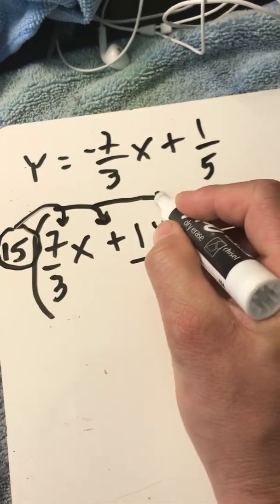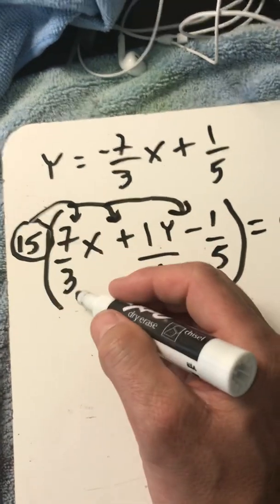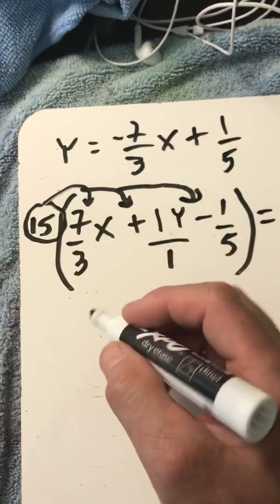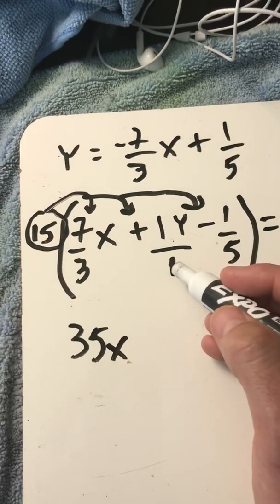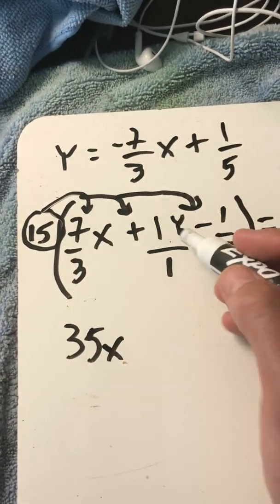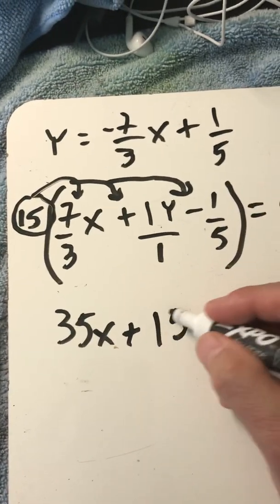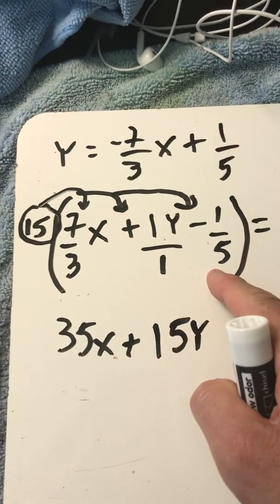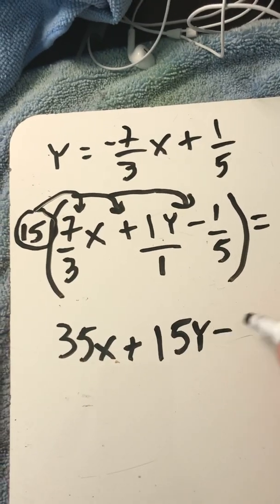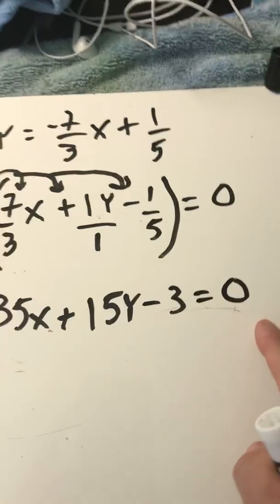So here the 15 and the 3 will cancel. You get 5 times 7x, 35x. Here, nothing cancels, so 15 times 1y, well, that is 15y. Here, the 15 and the 5 cancel to be 3, so minus 3 equals 0. So there's the general form.